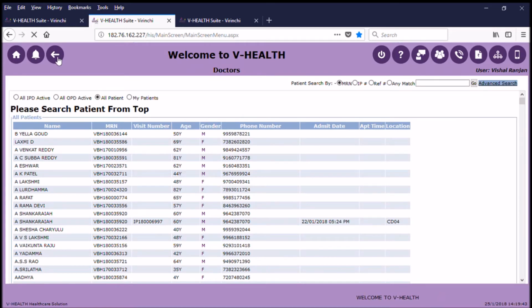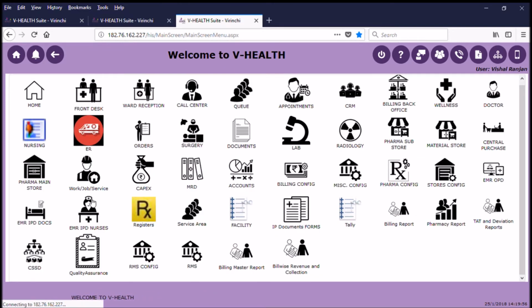Moving forward from outpatient to the inpatient side of affairs, we find a much more vast set of modules ranging from those coming from the doctors to the nurses to the support staff.